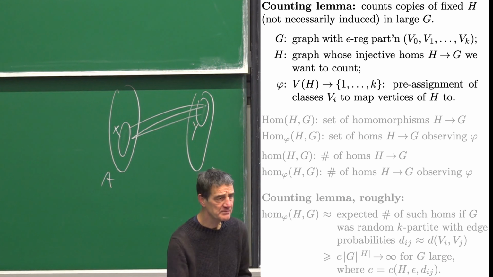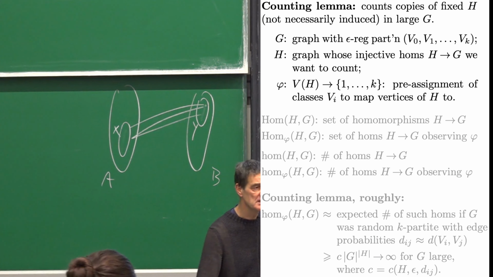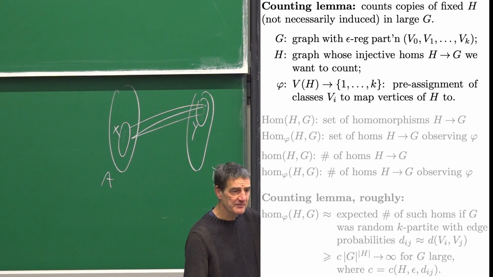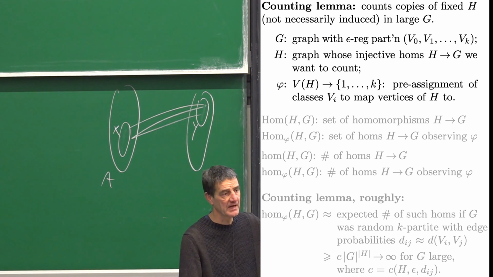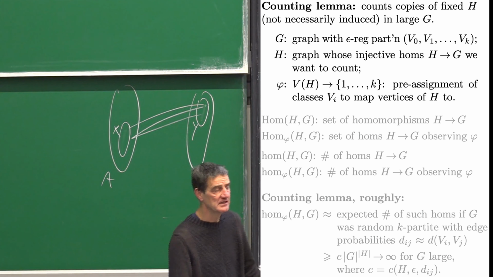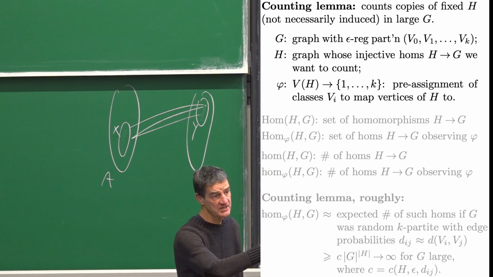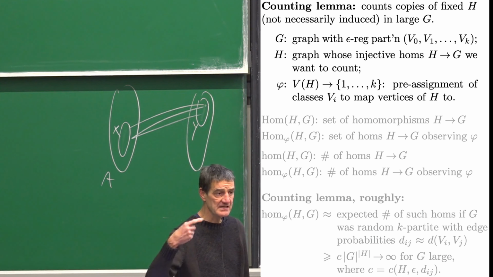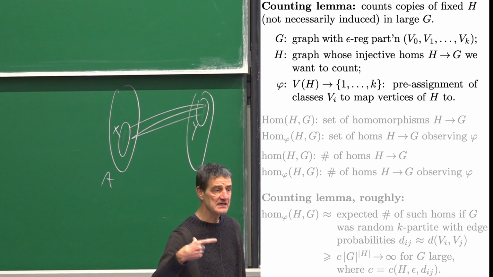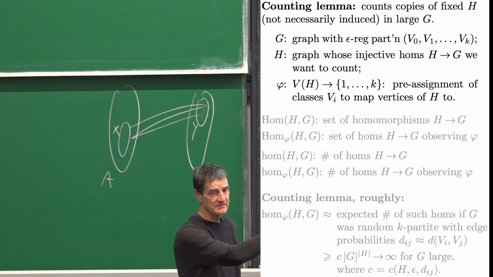So what's a homomorphism from a graph H to a graph G? That's a map from the vertices to the vertices that preserves adjacency. It doesn't need to preserve non-adjacency, and it doesn't have to be injective. Right, so once more, a homomorphism from H to G is a map from the vertices of H to the vertices of G, not necessarily injective or surjective, such that any pair of adjacent vertices here are mapped to adjacent vertices there, and in particular not to the same vertex.